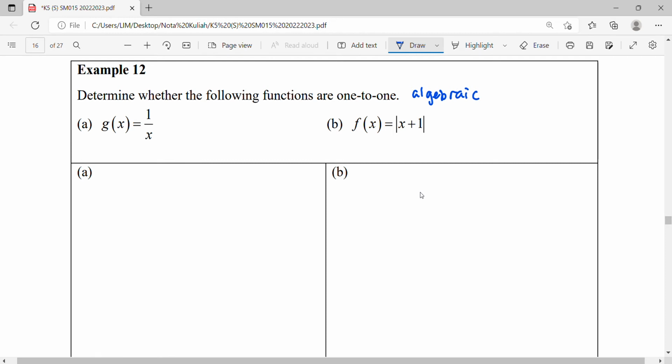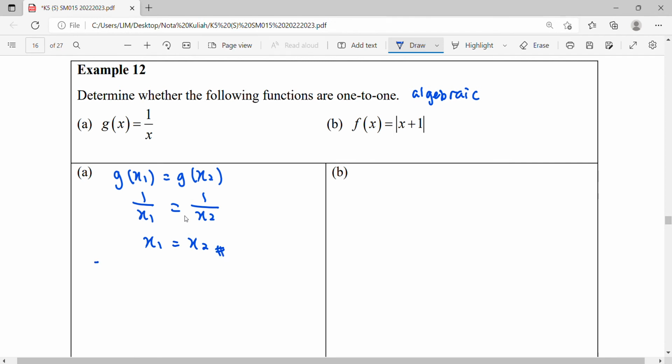By using the algebraic method, we will start by substituting x1 and x2 into our function g(x). Here we will have 1 over x1, and here we'll have 1 over x2. So we can inverse this fraction, and automatically it will give us x1 equals x2.